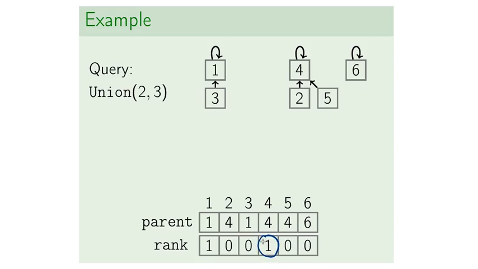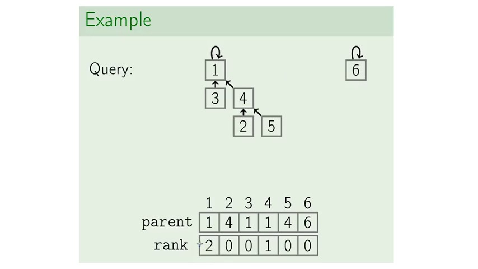Also 3 lies in a set whose root is 1, and currently rank of 1 is equal to 1. Which means that after merging these two trees, we will get a tree of height 2. So we do this as follows. Now 1 is the root of the resulting tree, and its rank is equal to 2. Finally, we call union of 2 and 6, and this will just attach 6 to 1 as follows.